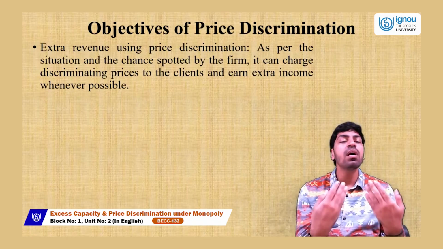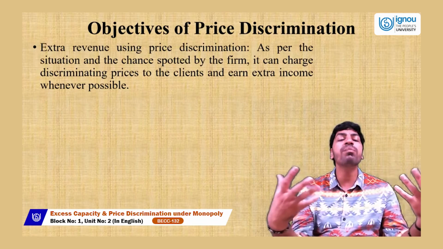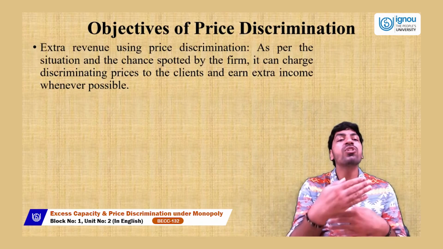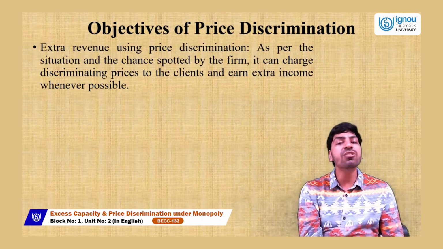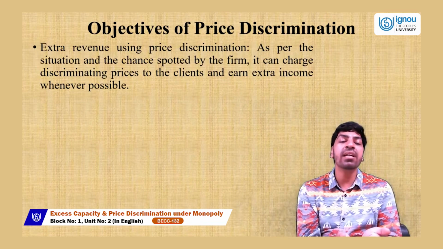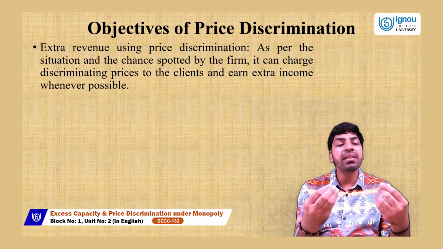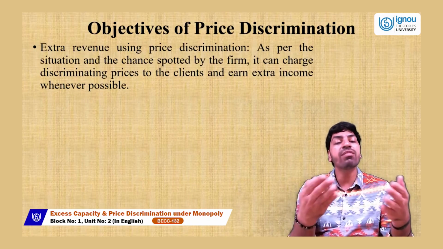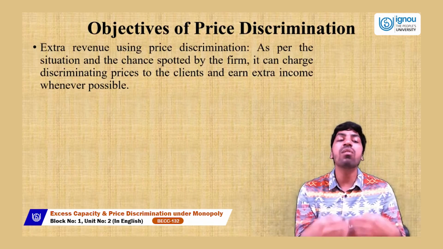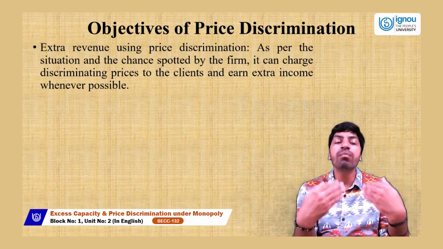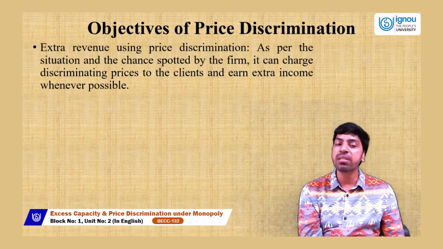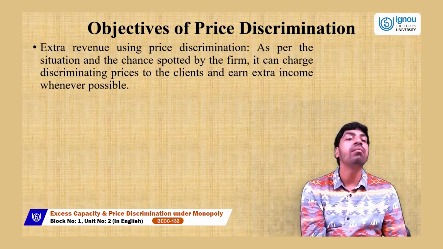When firms or businesses charge different prices for the same product, there are more chances to earn extra revenue, as the retail prices are high and the prices charged from different buyers will be higher or lower. So accordingly, there are more and more chances to earn extra income whenever possible in that particular market.